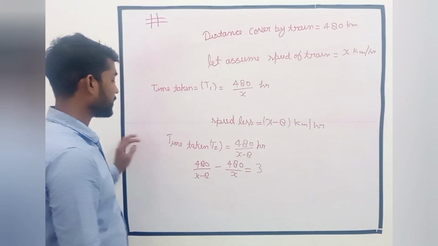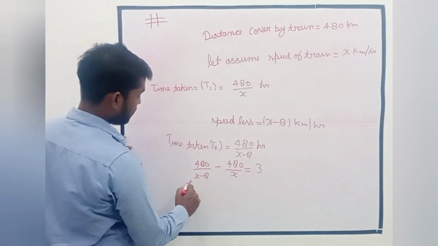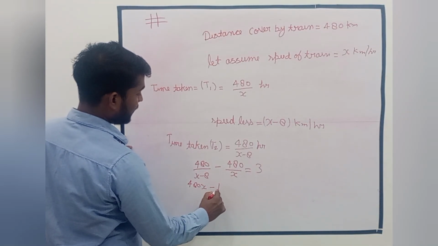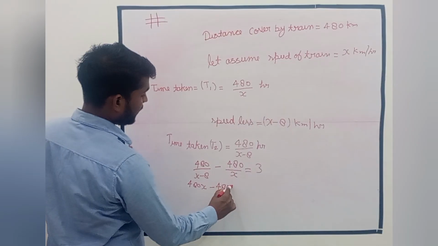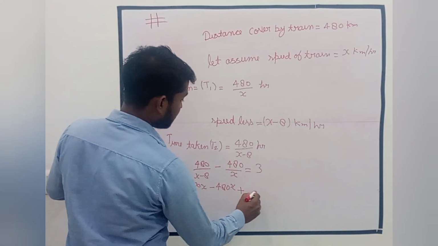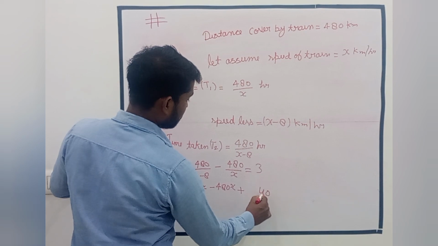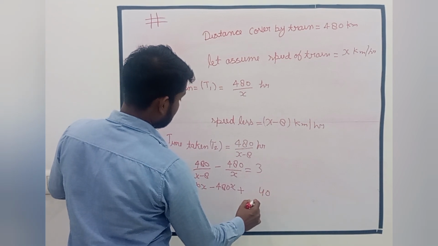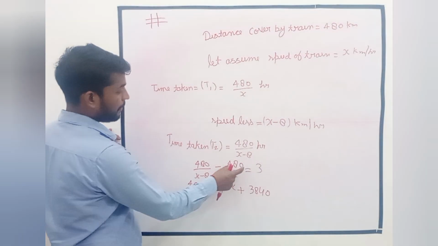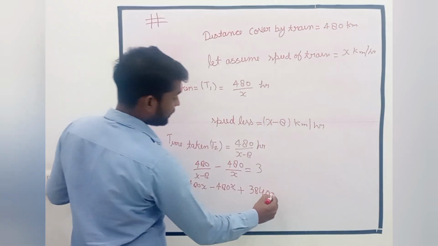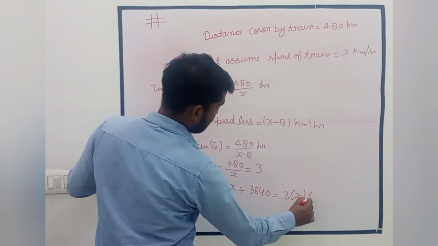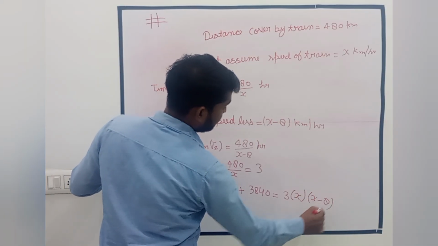We will do cross multiplication: 480x minus 480 into x minus 8, and this factor multiplied by this factor, equal to 3x of x minus 8.